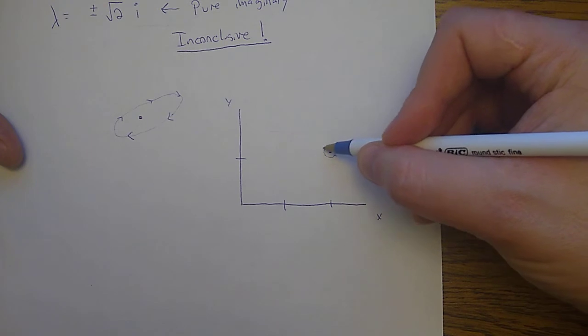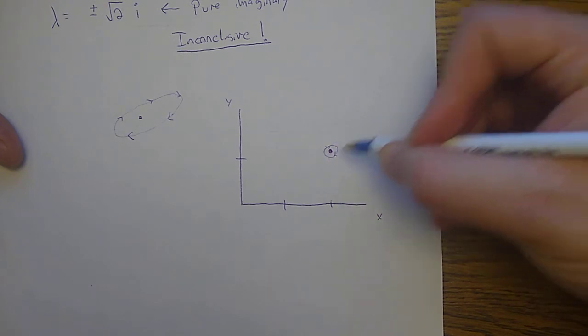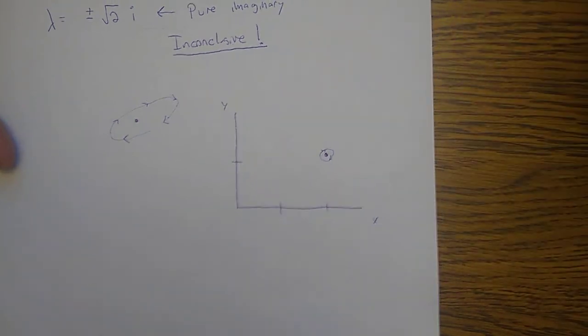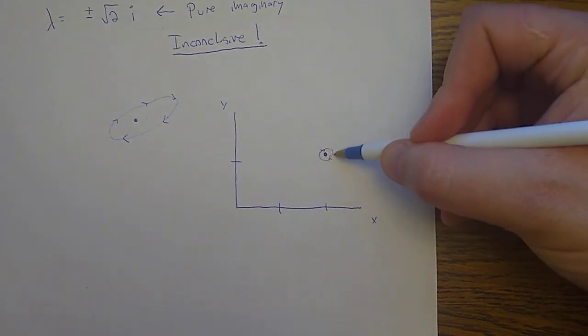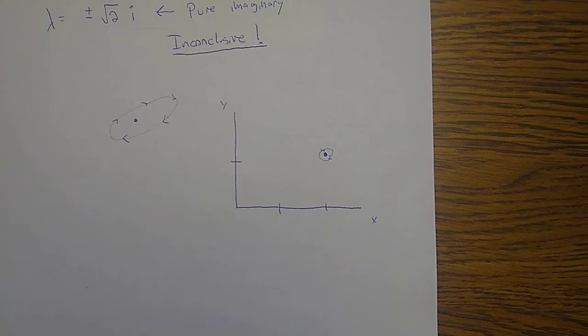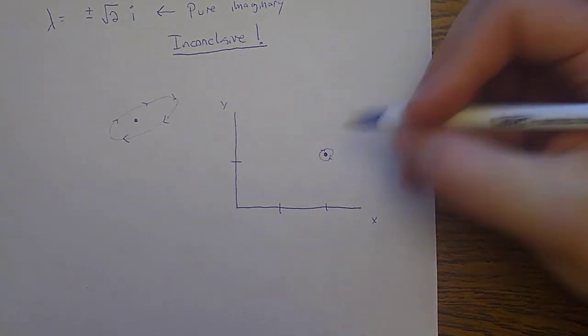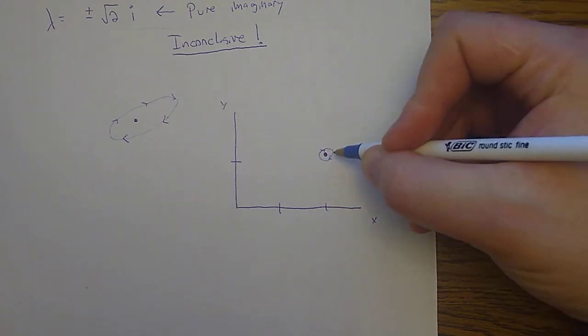And like I said, it might not be a perfect ellipse. It might not come back to the exact same point that it came to, but it's moving around, which is maybe disturbing for the foxes and rabbits, or maybe not.